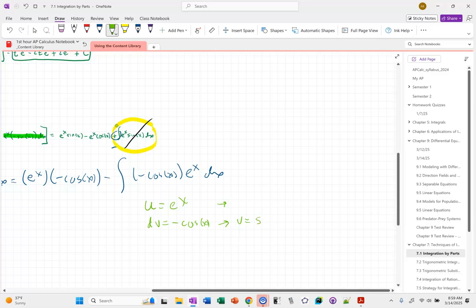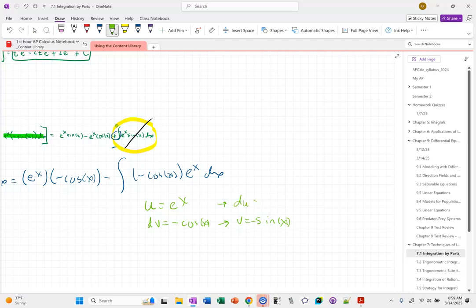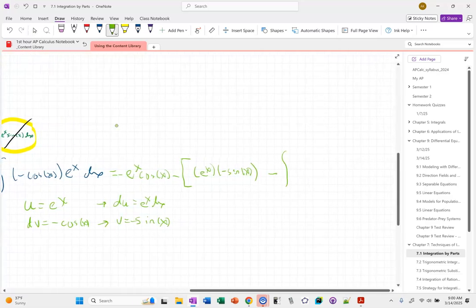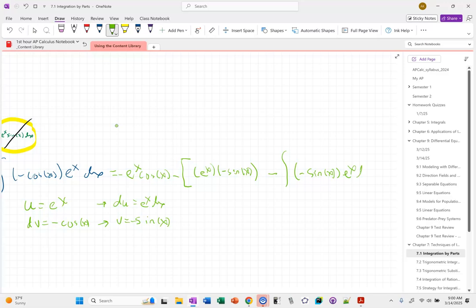Okay. We have u times v minus the integral of v du. And here, if I distribute the negative through, that's negative.